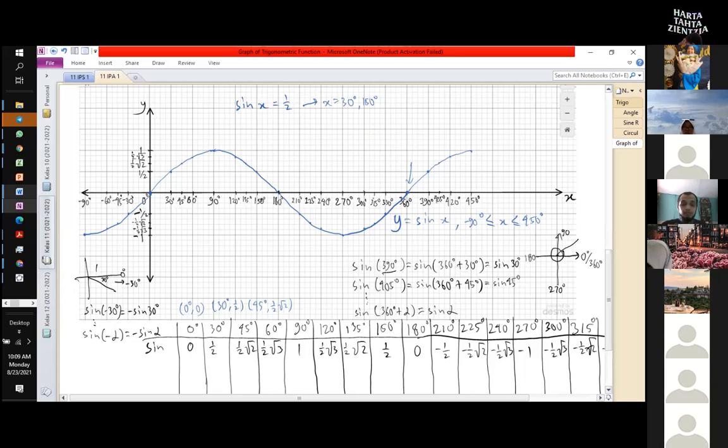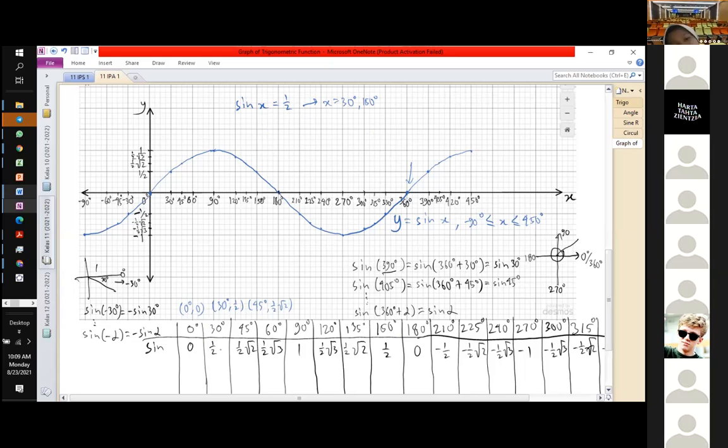Tapi ini cuma kalau sudutnya sudut istimewa. Kalau tidak sudut istimewa gimana? Kita bisa menggunakan cara lain, antara lain menggunakan bantuan grafiknya. Misal kita cari sin X sama dengan 1/4, maka kita bisa cari dari grafiknya 1/4 di sini, nanti kita tarik garis.